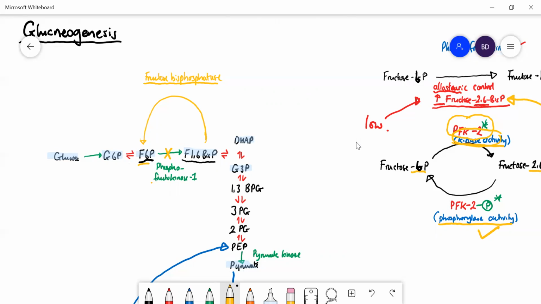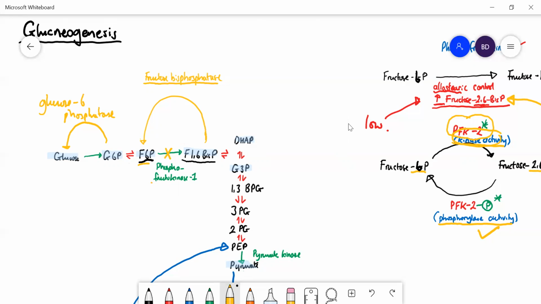The last reaction which needs to go backwards, this is glucose 6-phosphate, glucose 6-phosphatase. And that enzyme is not actually controlled by glucagon, but interestingly, it is controlled by insulin.